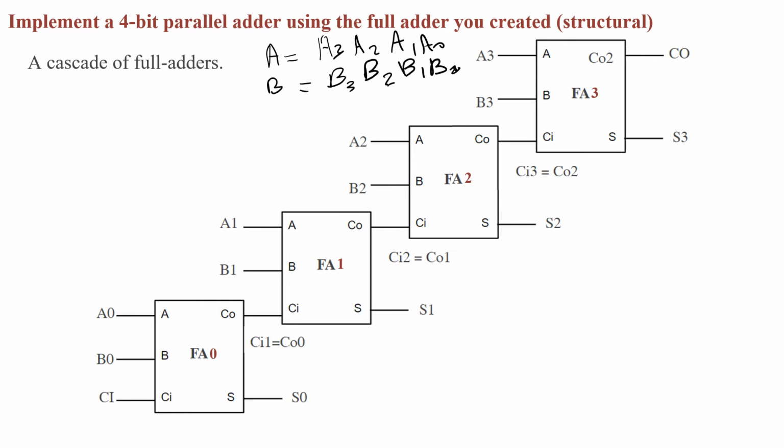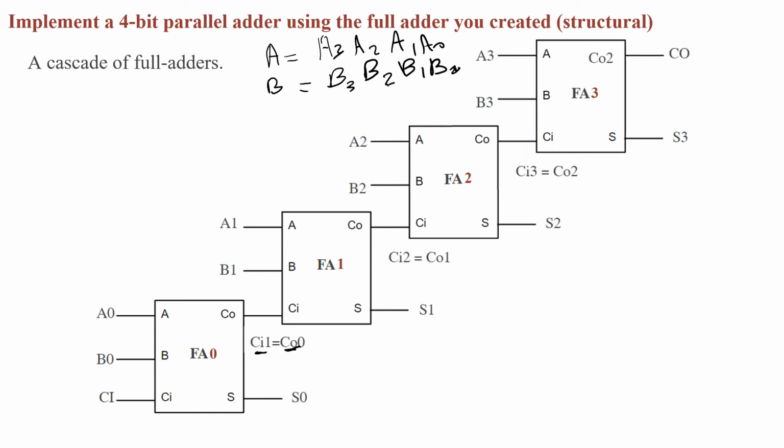Before we decide on what components, what ports and what signals are needed for implementing this using structural code, let's adjust the circuit slightly by relabeling the internal connections. We said the carry out of FA0 is equal to the carry in of FA1.